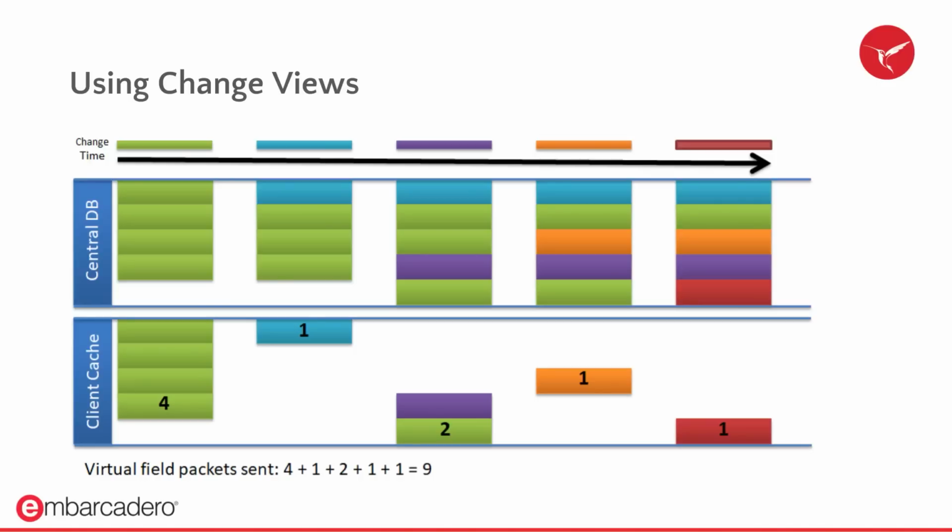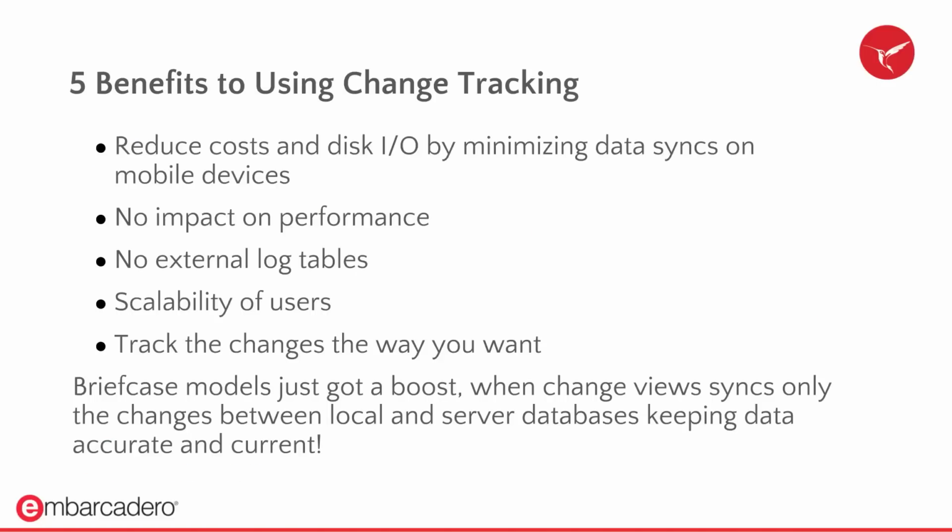You could think of this in terms of megabytes or gigabytes, and you know that it's faster to move 9 megabytes compared to 23 megabytes. Using a tracking system like Change Views provides you with the ability to get a list of changes like inserts, updates, and deletes that were made to the database from one point in time to another.